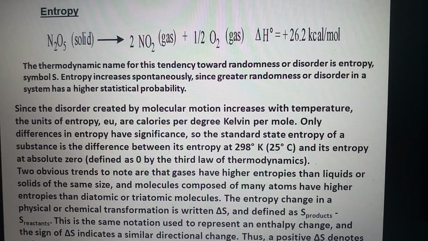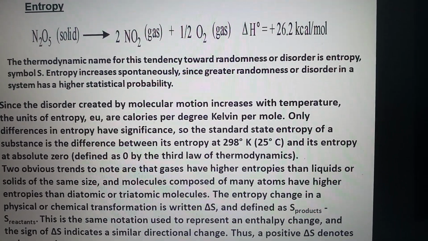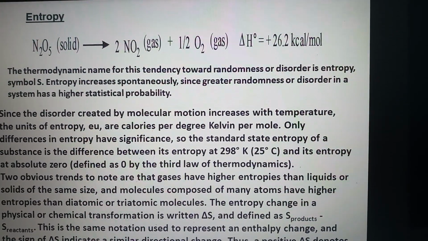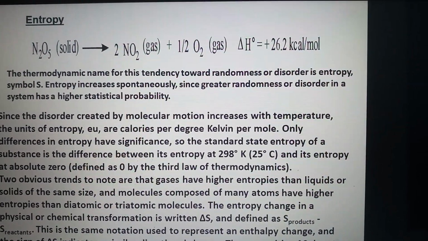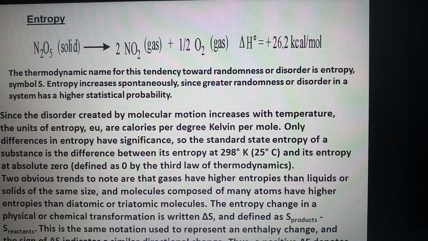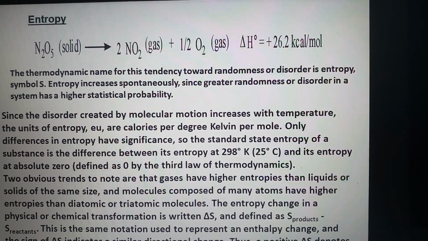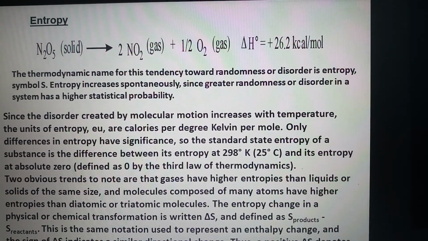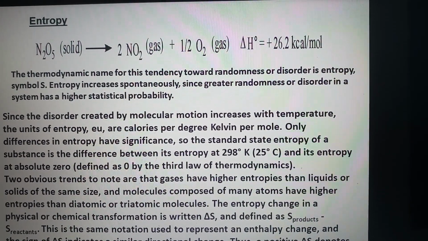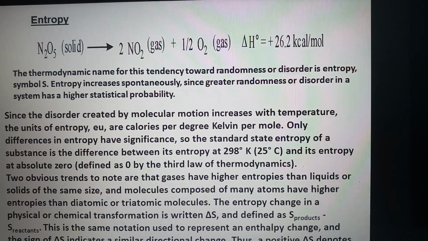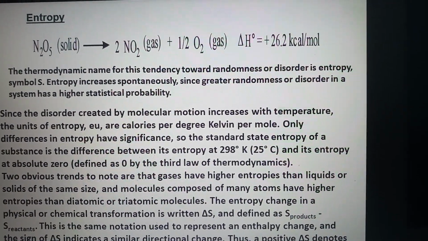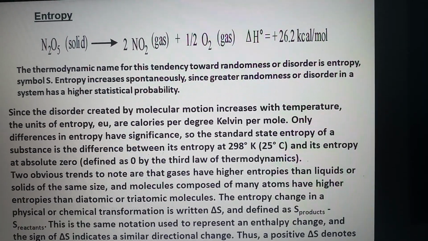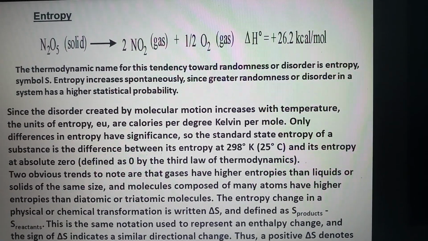Since the disorder created by molecular motion increases with temperature, the units of entropy, EU, are calories per degree Kelvin per mole. Only differences in entropy have significance. So the standard state entropy of a substance is the difference between its entropy at 298 degree Kelvin and its entropy at absolute zero, defined as zero by the third law of thermodynamics.